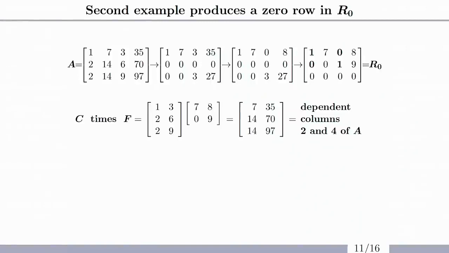They're the ones that end up with the identity, because the identity is a way to find the right independent columns. So they're columns 1 and 3 of the original matrix. So you see C there, 1, 2, 2 and 3, 6, 9. Then F is the part of R from the dependent column, so that's the 7, 8, 0, 9, and I'm seeing the dependent columns.